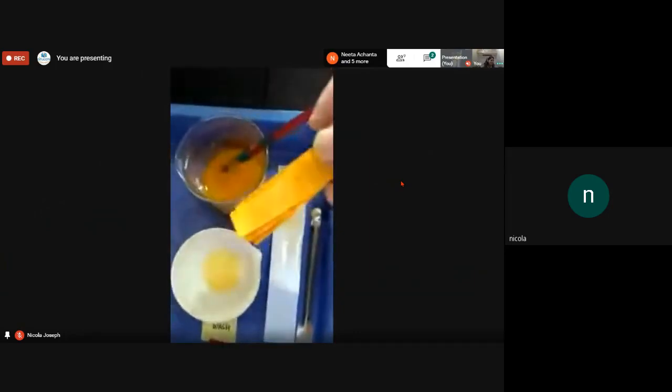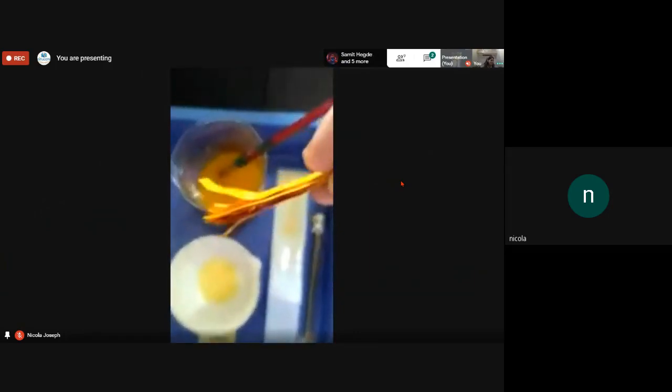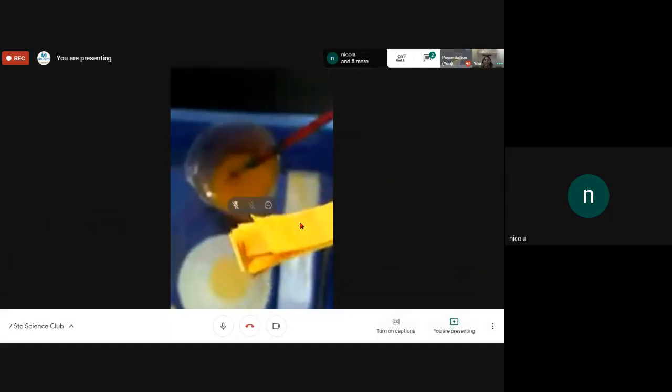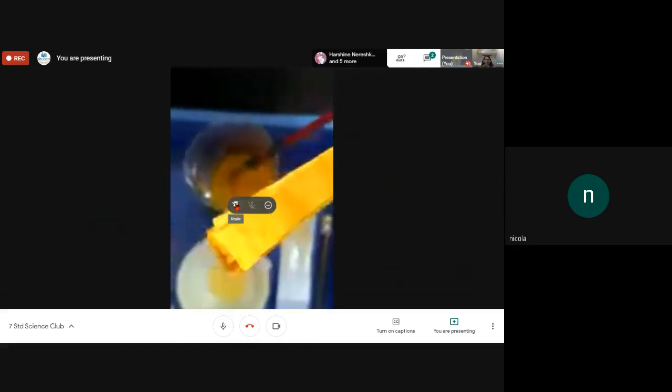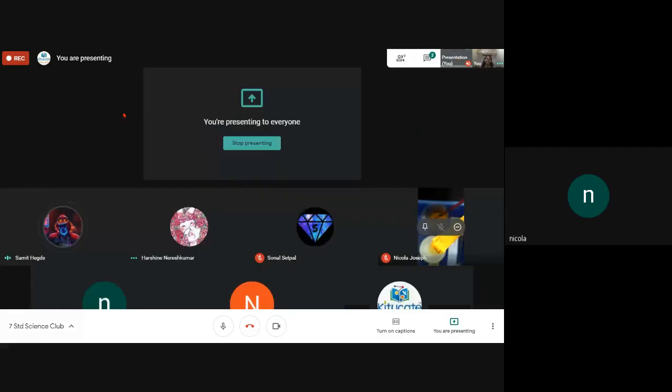After that, you all will get this kind of papers. These are turmeric papers. You can test different kinds of solutions with this paper, an acid or a base. Did you all follow it? Yes, ma'am.